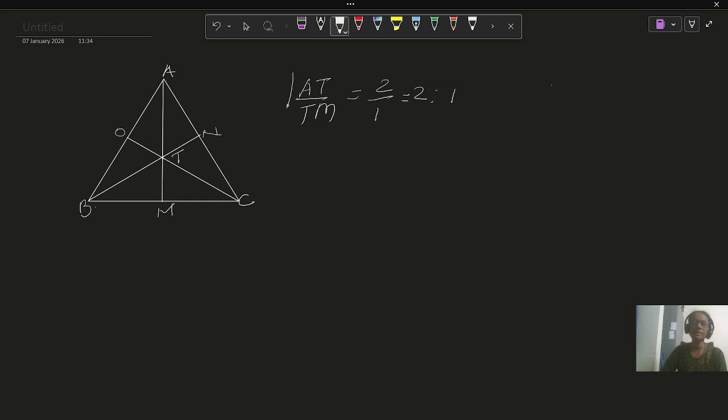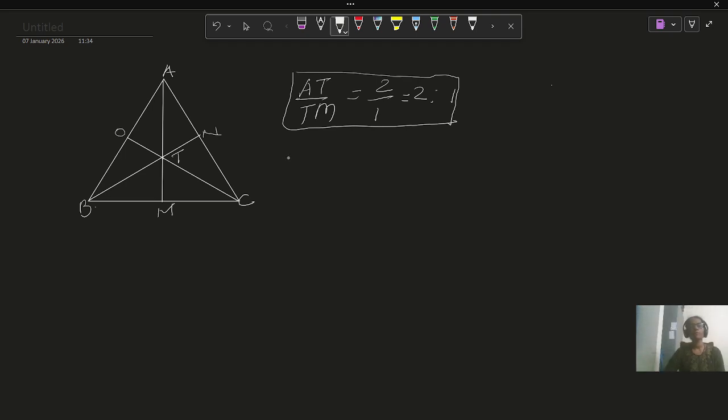This is the meaning that the centroid divides the median into 2:1 ratio. And this is not for AM only, this is for BN also, and for OC also. This is applicable for all the medians, and if we prove it for AM right now, it automatically gets proved for the rest of the medians.